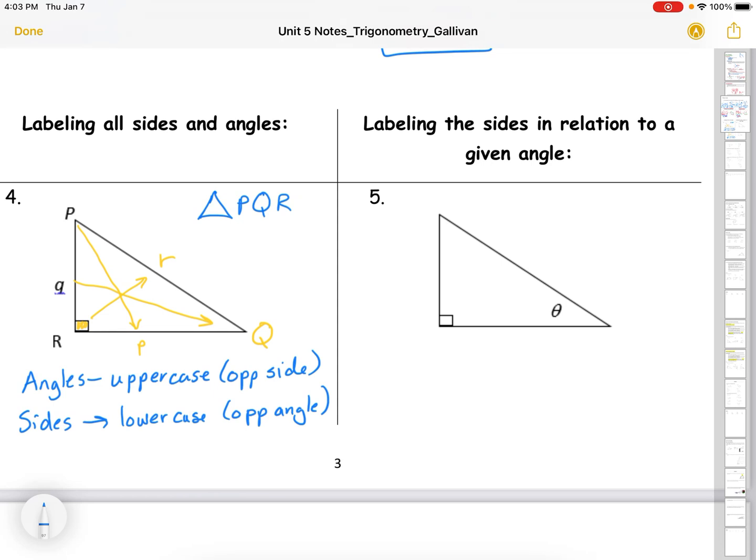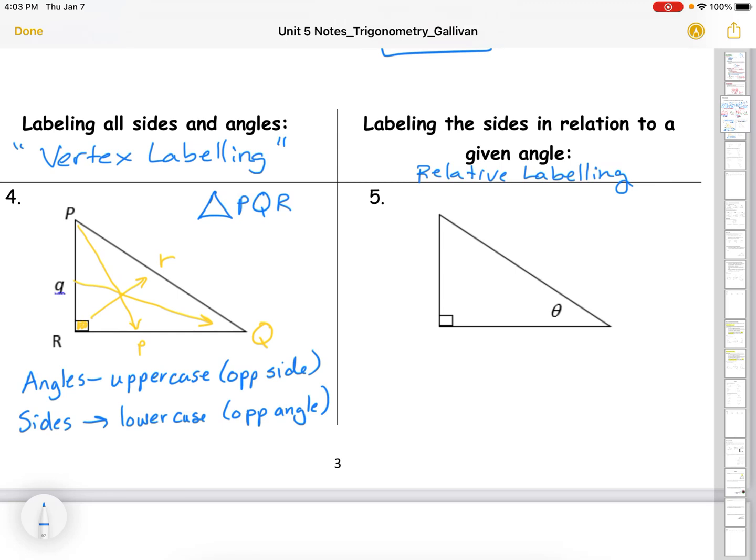Labeling the sides in relation to a given angle. Remember I talked about there was a third type of angle? This is vertex labeling. So if I want to tell what is the name of that triangle, that's what that would be. Here, we're going to do some relative labeling.